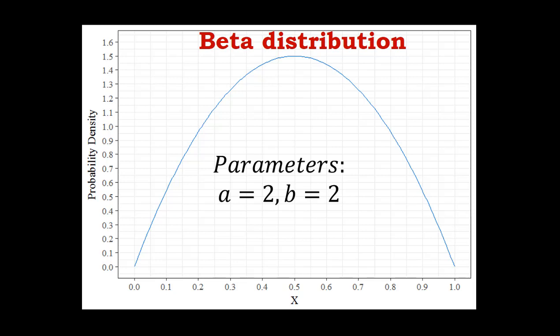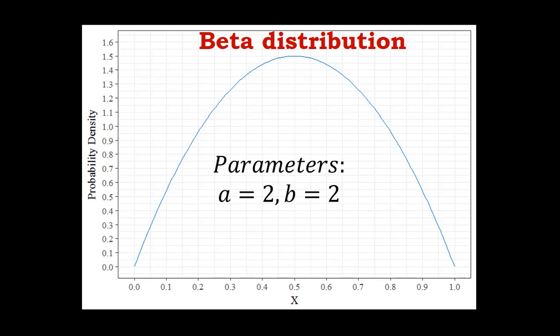We are going to see later that the beta distribution combines very well with the binomial distribution. I just want to say here that the beta distribution works in the opposite way of the Bernoulli and the binomial.